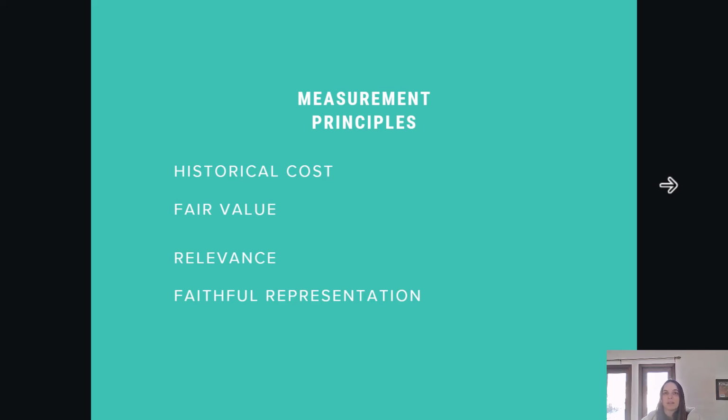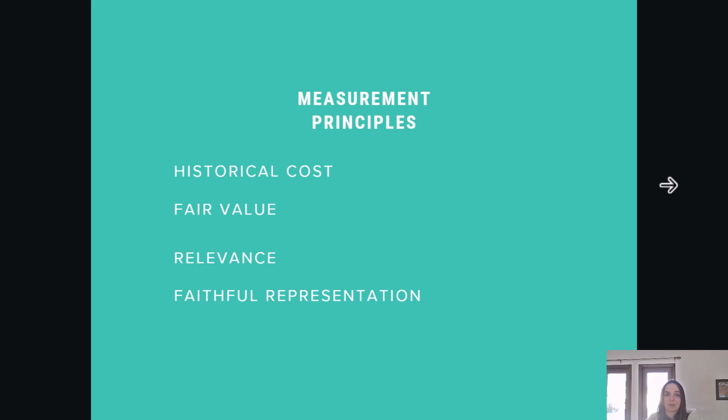Relevance essentially asks, what information is actually relevant to the decision maker? Are we wanting to tell them historical cost, or if we give them the fair value, is that going to change their decision making? And if so, how does it change that decision making when we use the historical cost principle or the fair value principle?